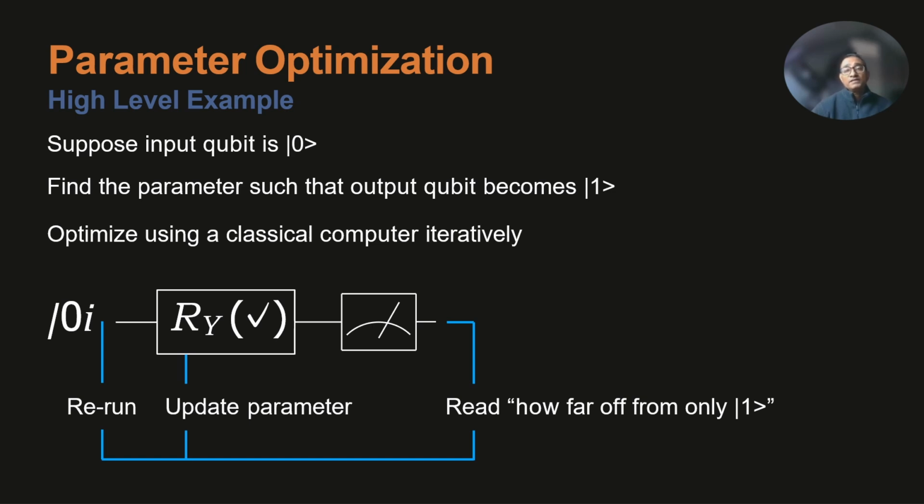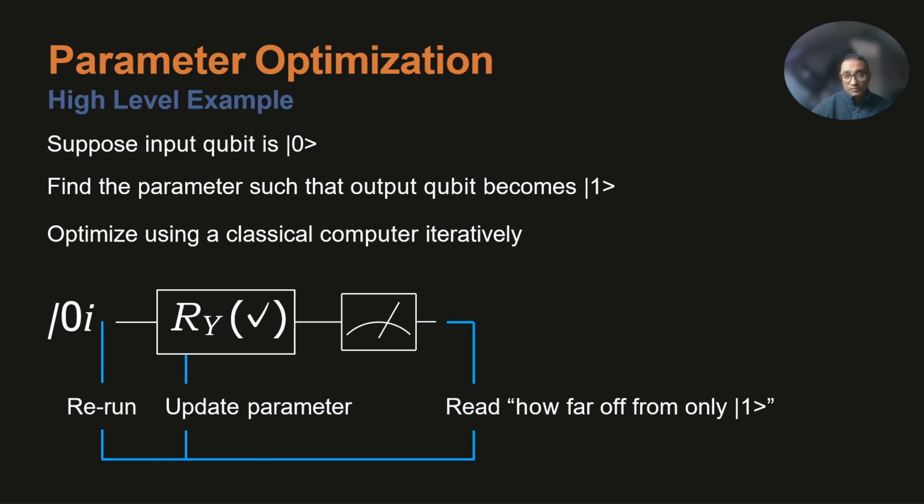This has a very important application in using such a parameter-based circuit to learn about optimization. What we see here, for example, is a simple classical circuit where an input is coming in, going through a gate which is being measured, and now we want to use this to optimize our circuit.